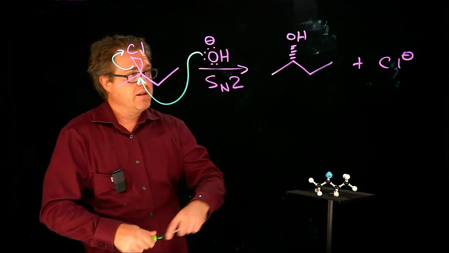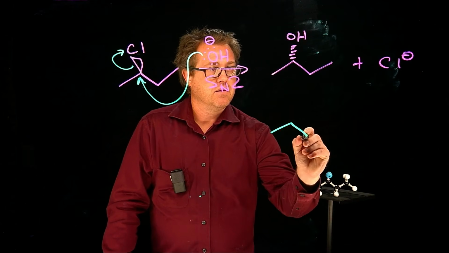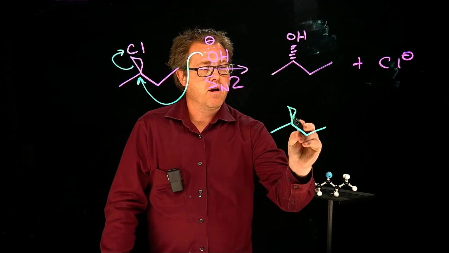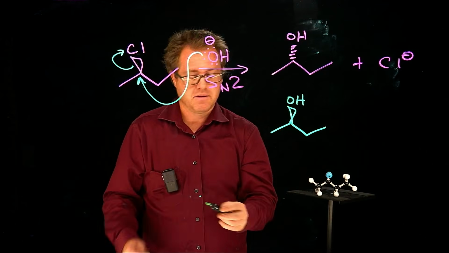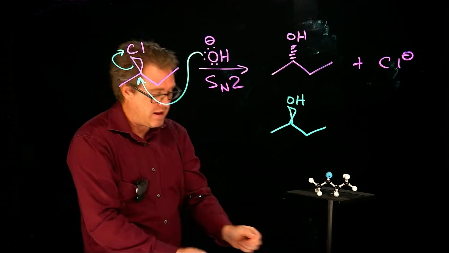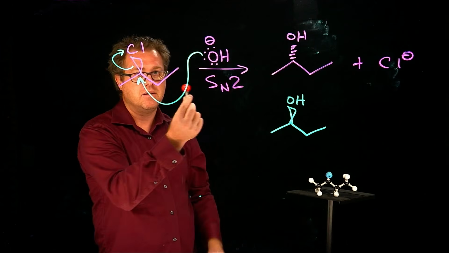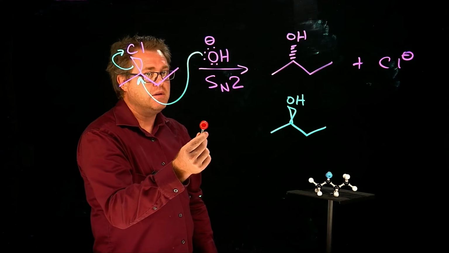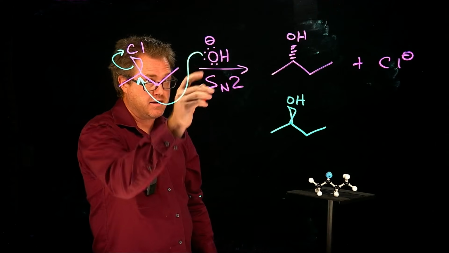Now, let's draw the incorrect product. The incorrect product would be this. Now, why is that incorrect? Well, I have here in my hand a red atom, which is going to represent the OH.